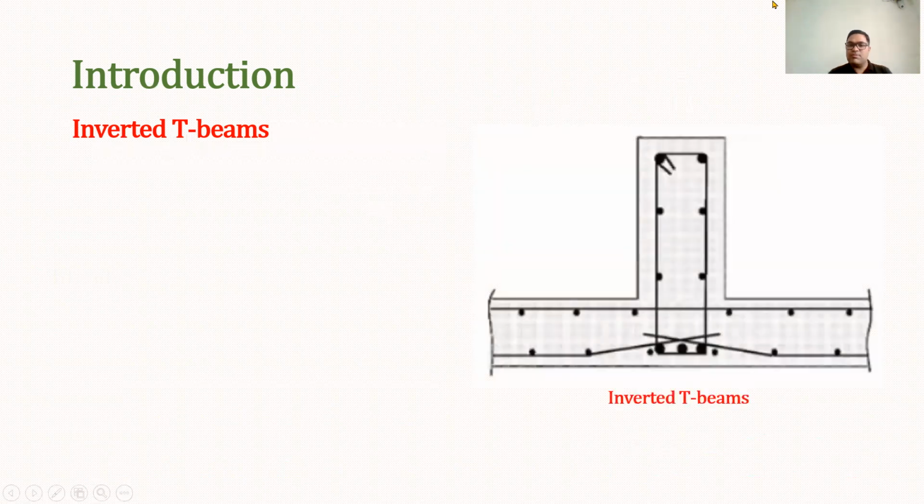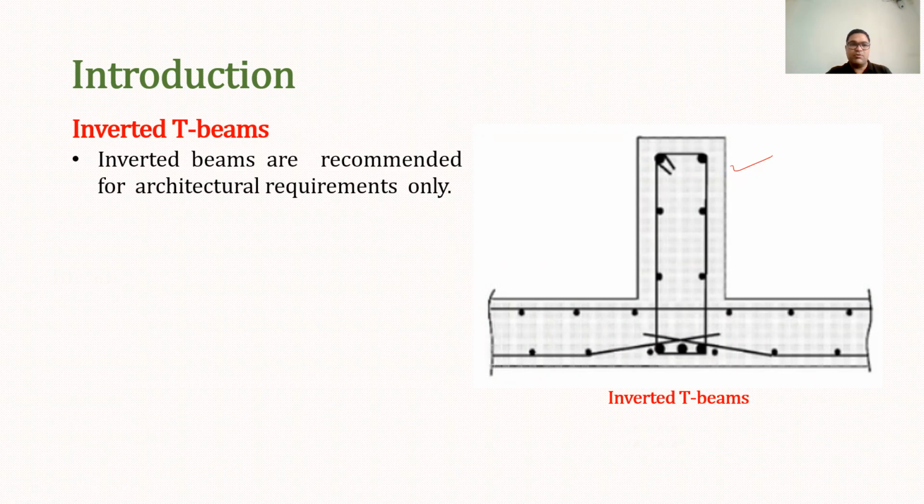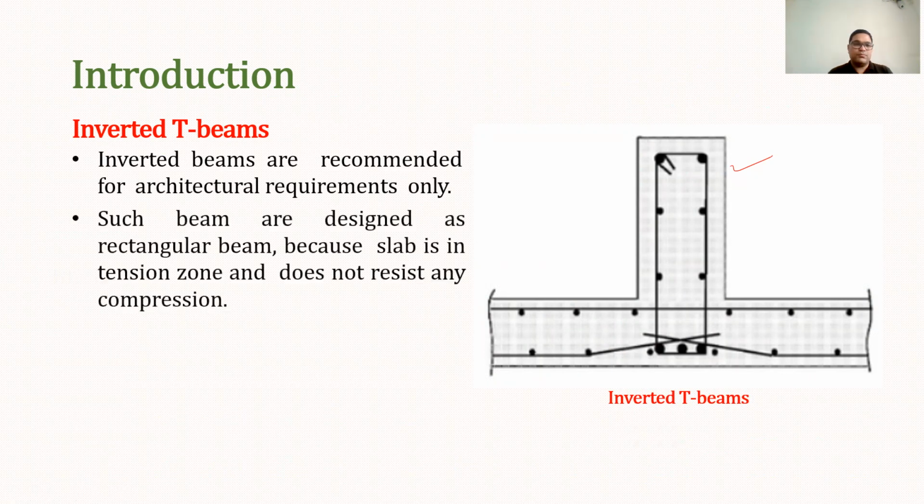So an inverted T-beam looks like this. Generally we provide this when we are required to have a flat ceiling without beam grooves. As I said, it is recommended for architectural requirements only. Structurally, they are not as suitable as the normal T-beam.